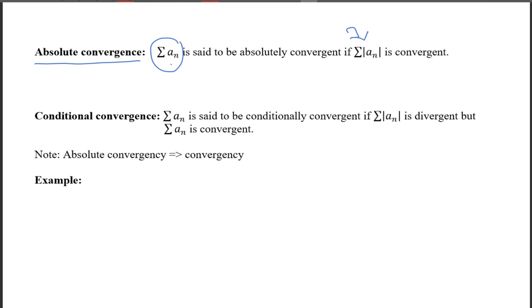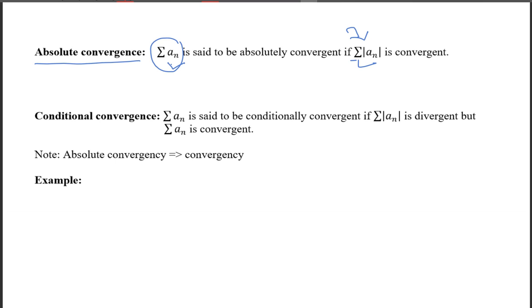These two series are not the same. We say the series a_n is absolutely convergent if the series mod a_n is convergent.